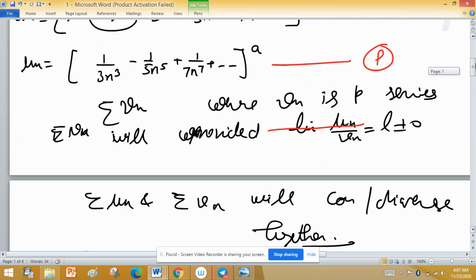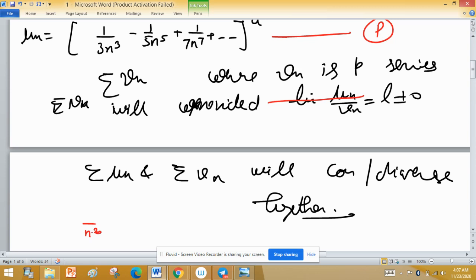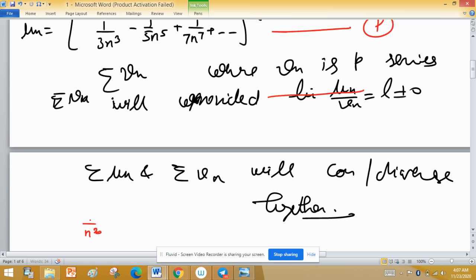So un becomes 1 upon n cube times the bracket 1 minus 3 upon 5 n square plus 3 upon 7 n to the power 4, and so on, all raised to the power a. All these coefficients are constants, since 3 is coming out, so the power is 4, and so on.